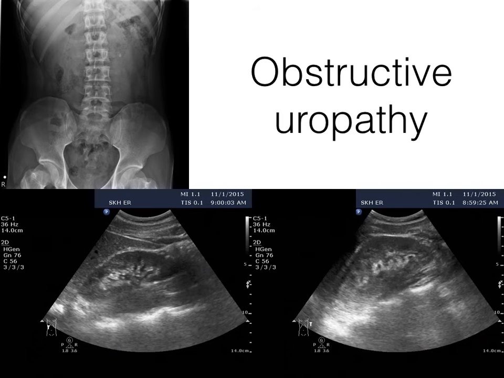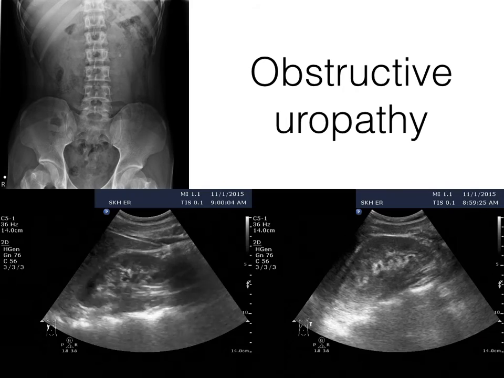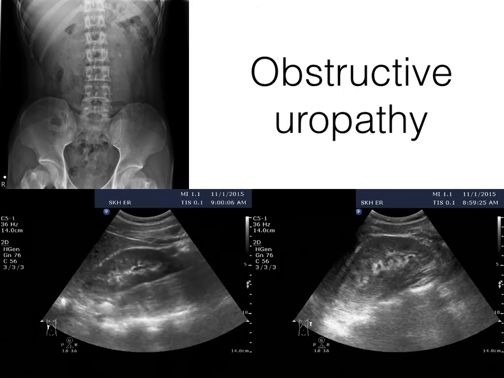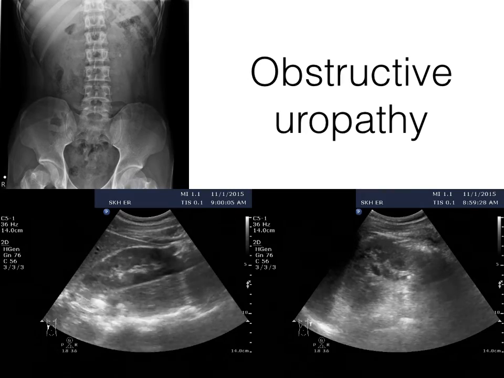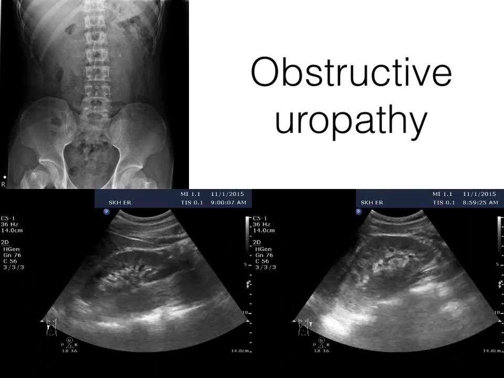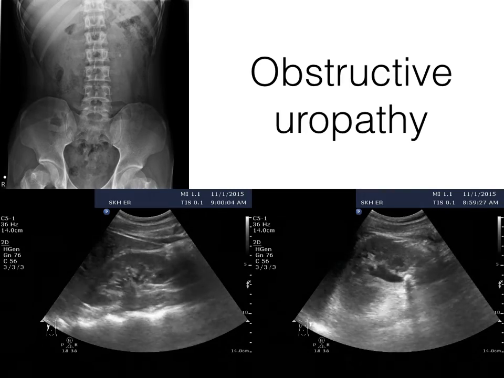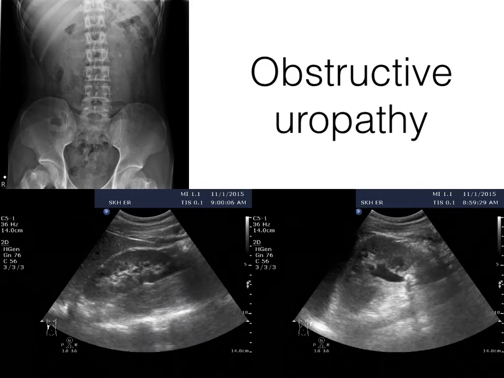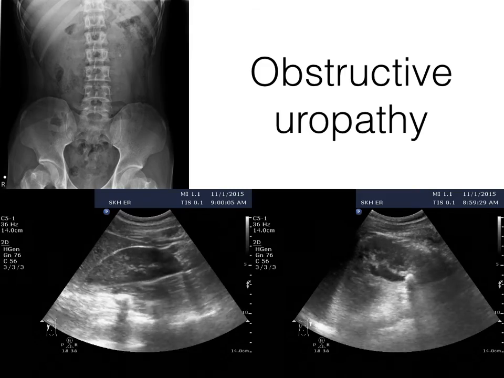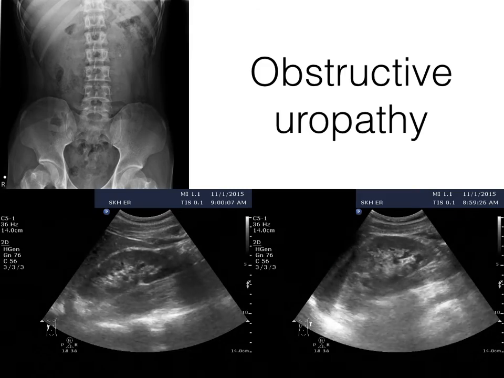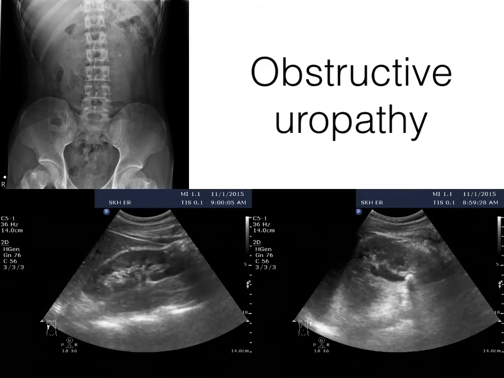For kidney obstruction, we can see the stone clearly here. If you are scanning the kidney to find obstructive uropathy, scan both sides of the kidney and the urinary bladder. On the right and left side, we can see the hyperechoic stone with acoustic shadow.